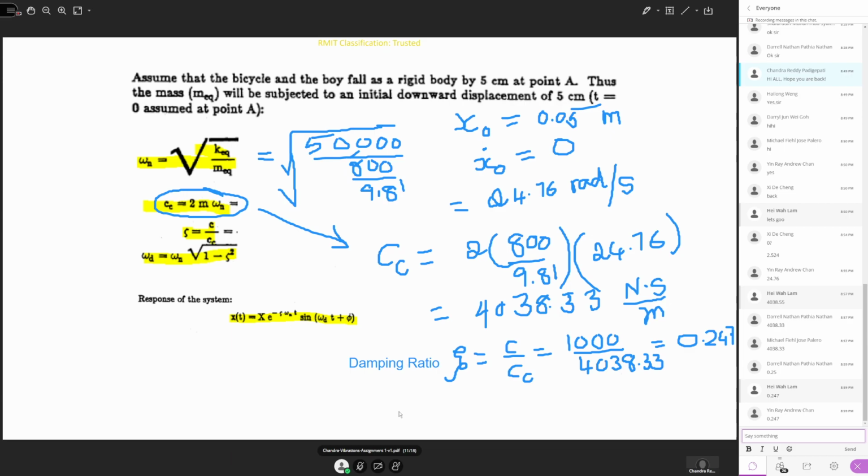Okay. So here, because it is a ratio, no units are required. Once you know this, then you can calculate the damped natural frequency omega d. So calculate omega d.